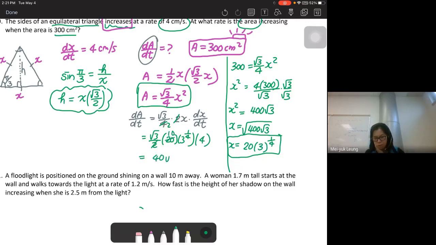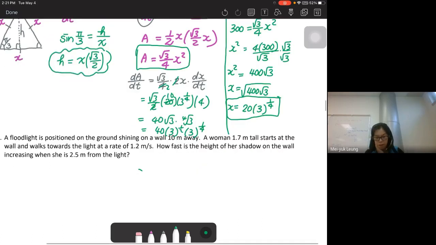And then square root 3 times the fourth root of 3. That would be 40 times 3 to the power of 1/2 times 3 to the power of 1 over 4. So we can combine the two exponents. That would be 3 to the power of 3 over 4. Okay, so that is the dA/dt.